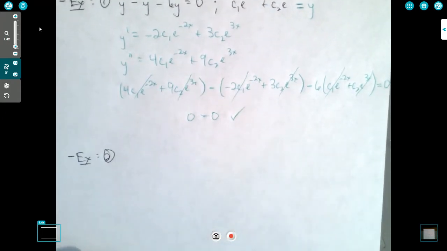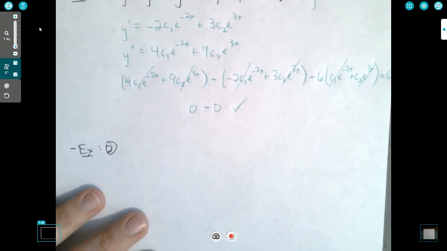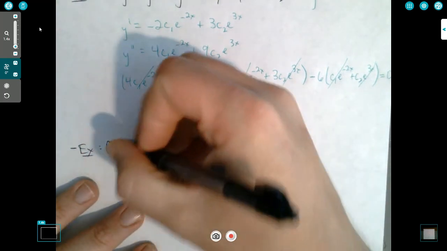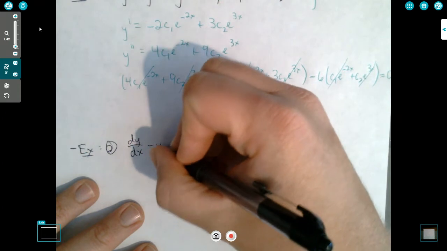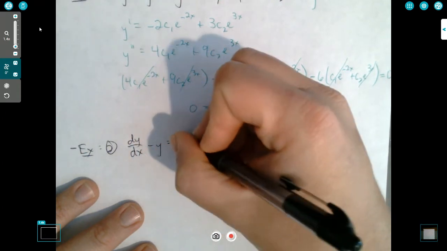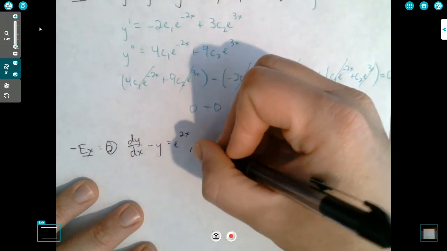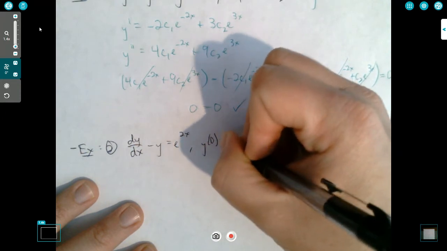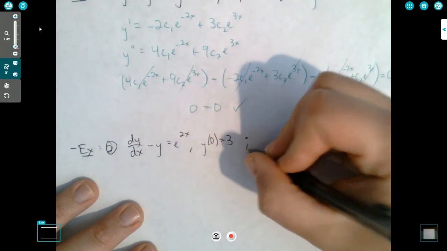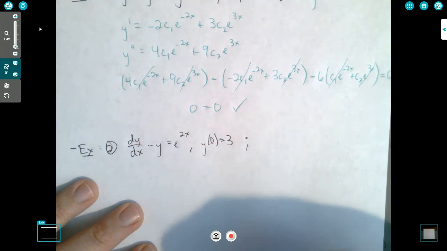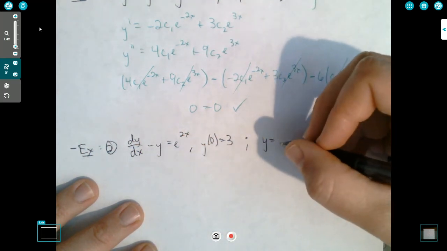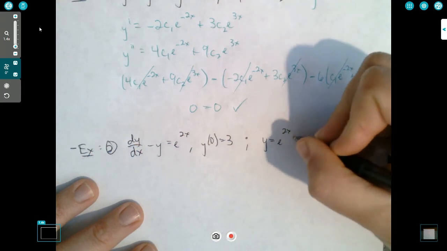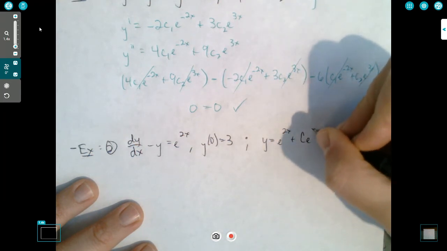Okay, so the initial value problem we have is this: dy dx minus y equals e to the 2x, y of 0 equals 3. And the proposed general solution is y equals e to the 2x plus c e to the x.